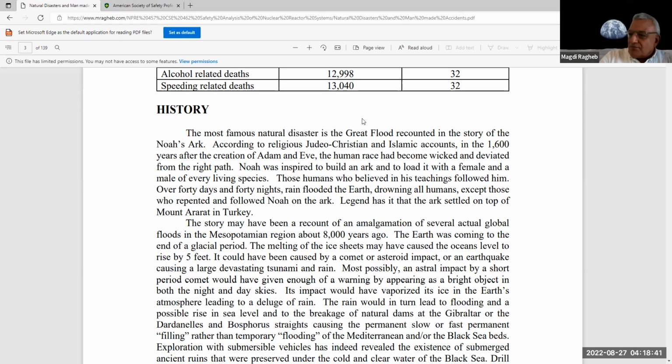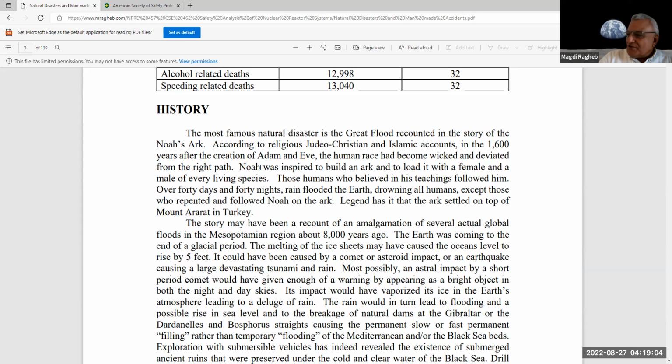And at the time of Noah's Ark, in the Judeo-Christian and Islamic accounts, supposedly in the 1600 years after the creation of Adam and Eve, the human race became wicked and deviated, and basically a great flood happened to punish them.